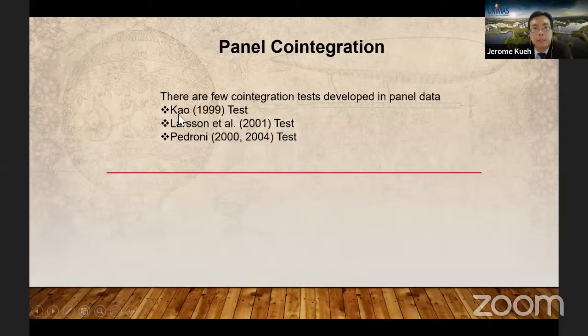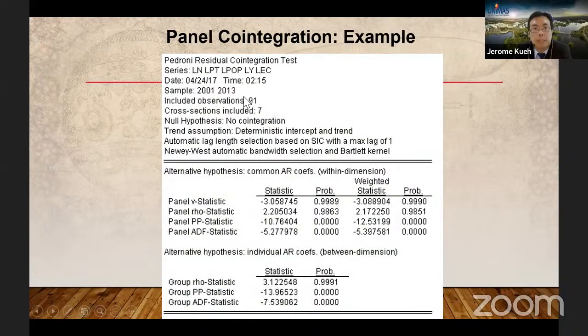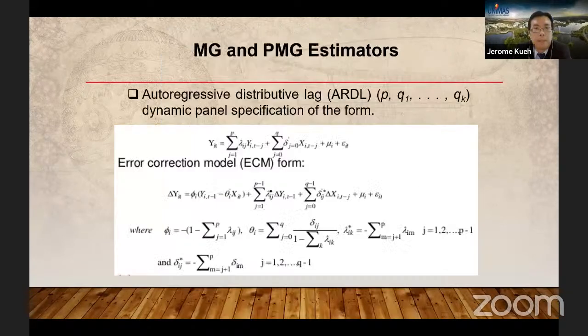So basically you have Kao, Larsson, and Pedroni, but most of the time we will be using Pedroni because it consists of 7 statistical approaches. One is within the dimensions, and the other 3 is between the dimensions. So they have 7 statistical values that we can refer to in order to decide whether there is existence of a long run equilibrium or not.